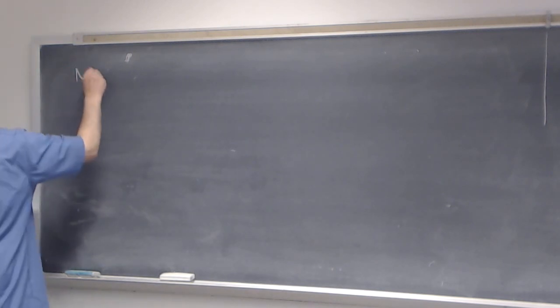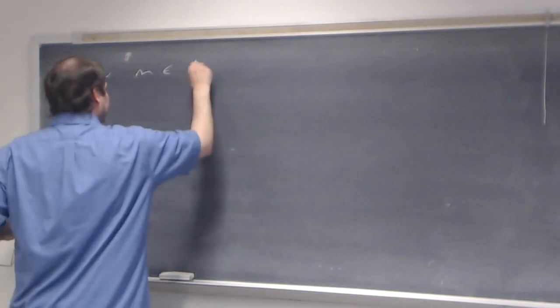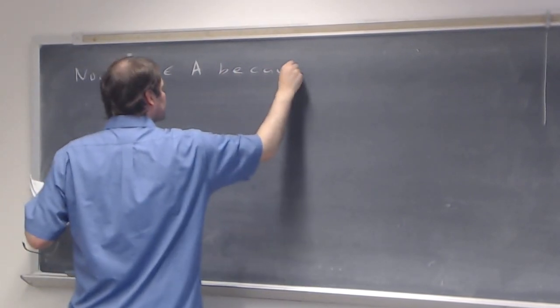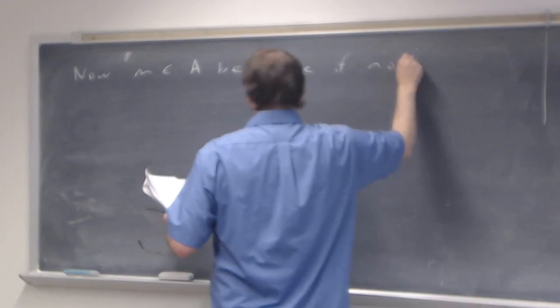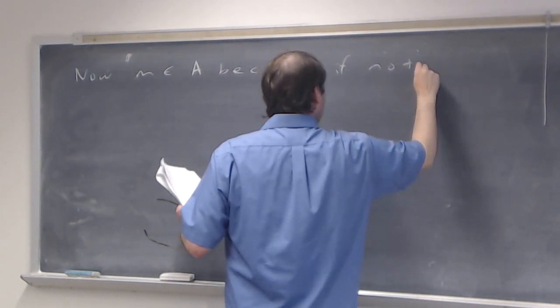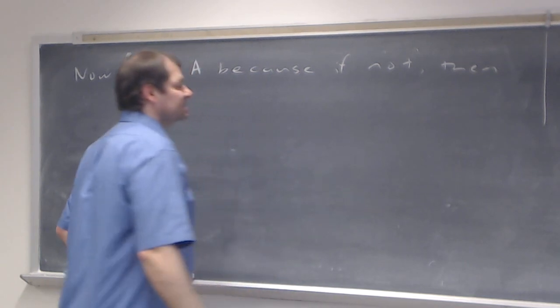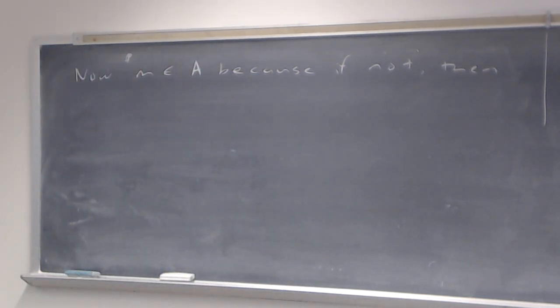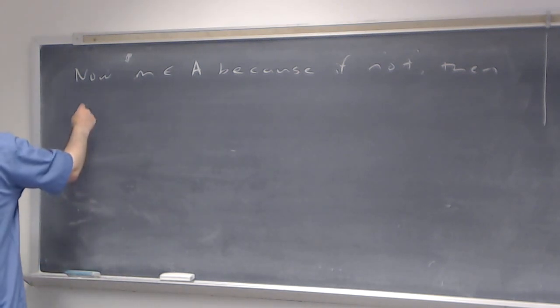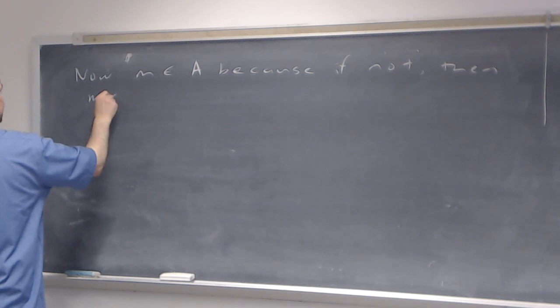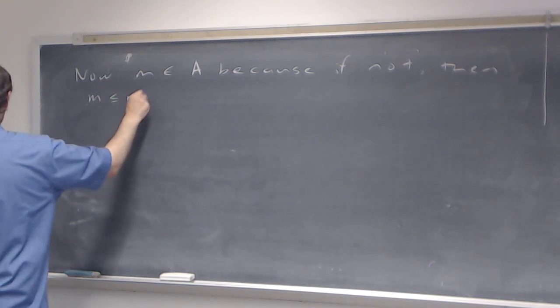Now, it turns out that M has to be an element of A, because if not, remember what A was, it was a set of integers that are bigger than n times x. M is an integer, but the only way that it isn't in A is that it's got to be less than or equal to nx.